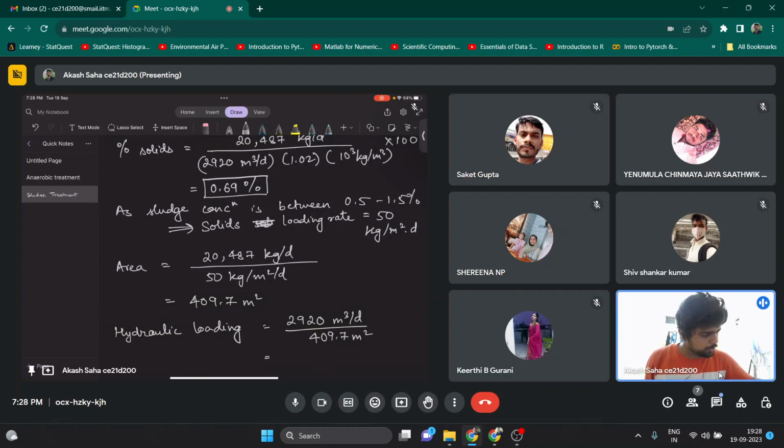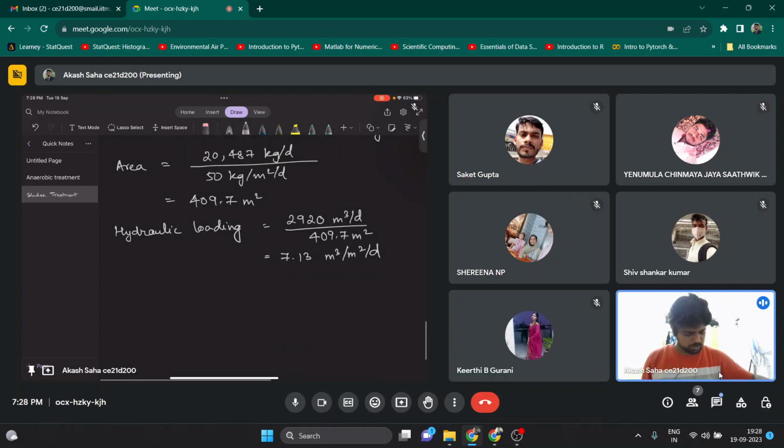So my hydraulic loading will be 7.13 meter cube per meter square day.